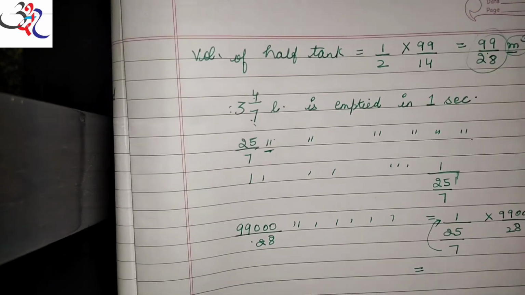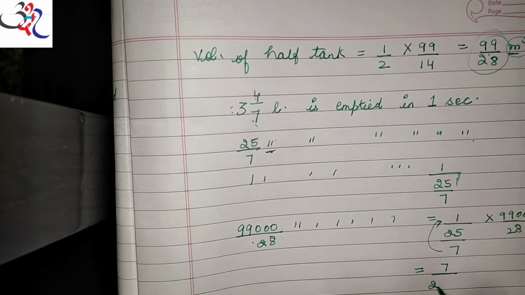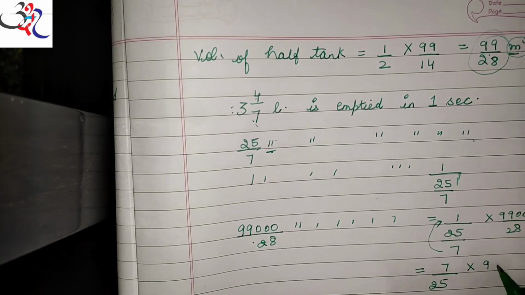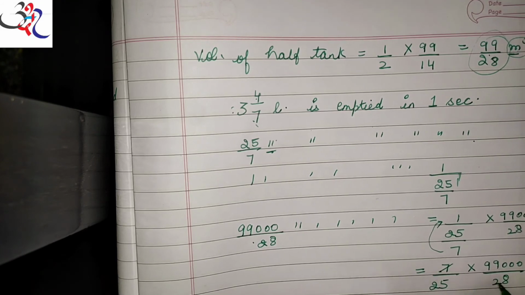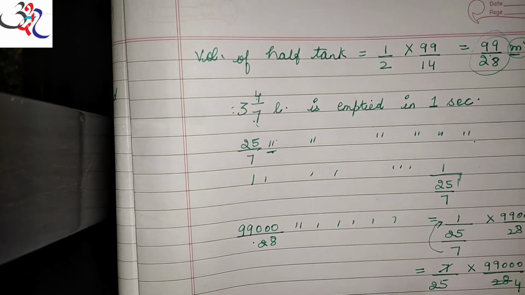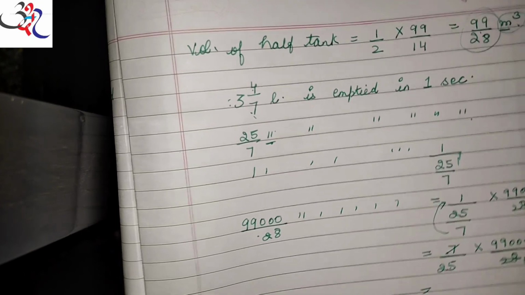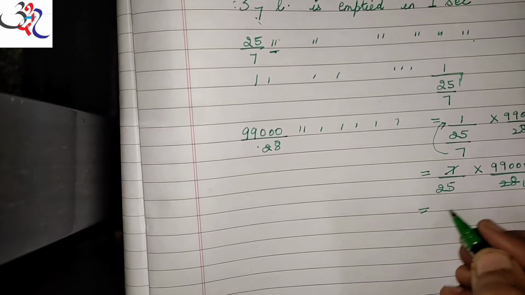If I do the reciprocal, I will get 7 by 25 into 99,000 by 28. So 7 fours are 28. After doing cancellation and all of this calculation, you will get your answer.